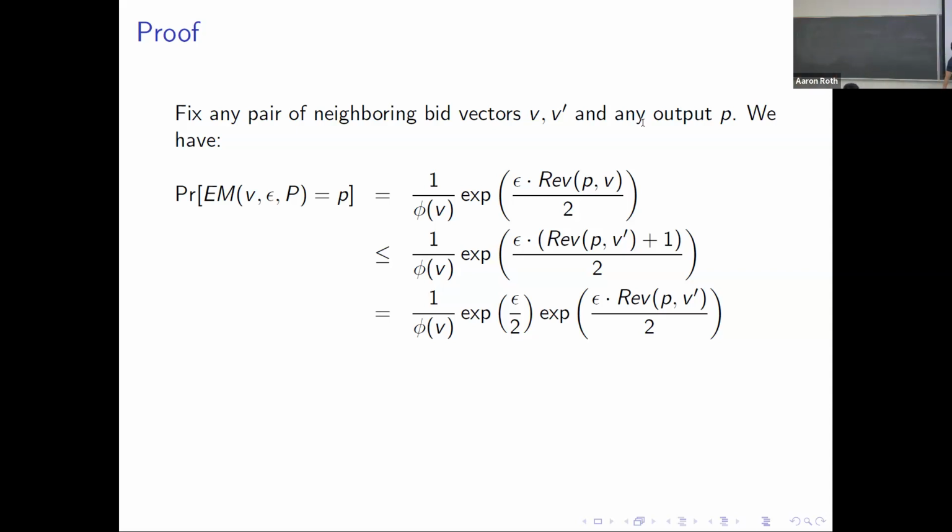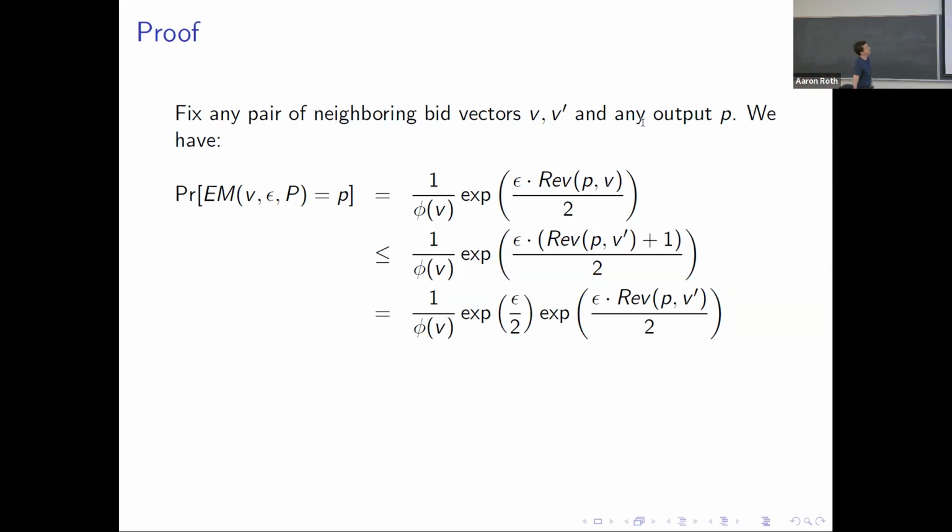Now we've got this normalizing term too. But remember, what does the denominator look like in the expression for our probabilities? It looks just like the numerator, except it's summed over all of the other prices. And so we can perform exactly the same maneuver in the denominator.